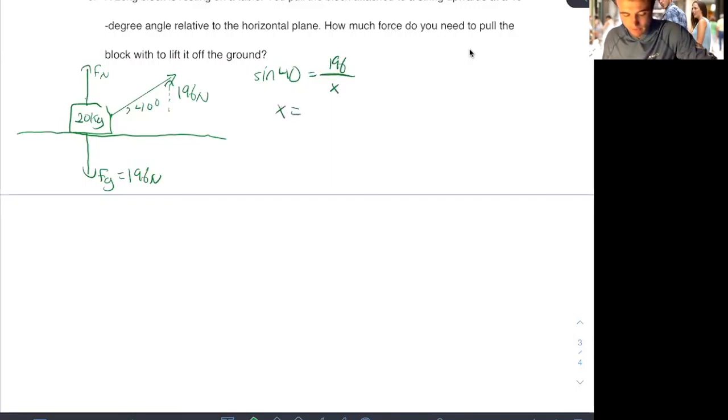Let's say this is x. X is 304.92 newtons in this case. So we have to pull this rope in the diagonal direction with 304.92 newtons of force in order to get 196 newtons of force in the y direction, so we can lift our block off of the ground.